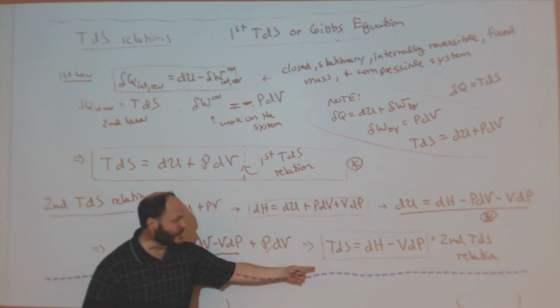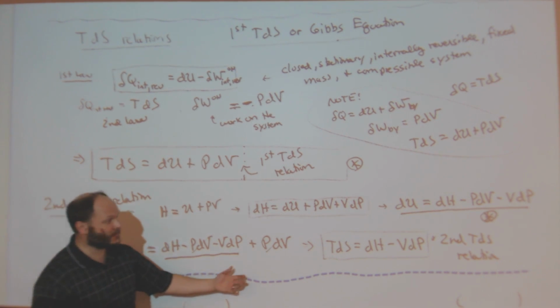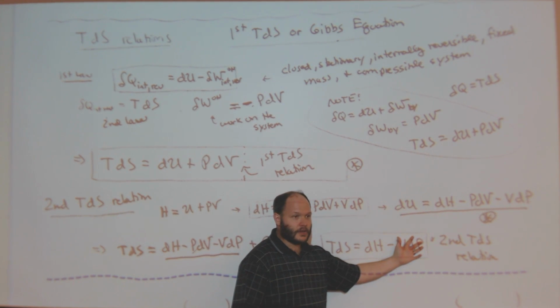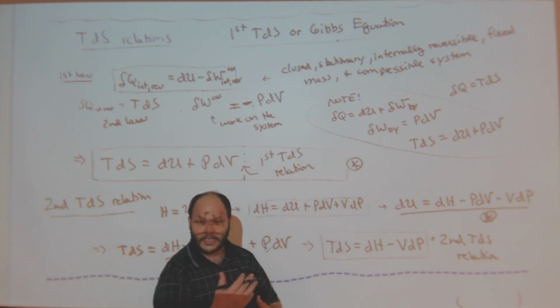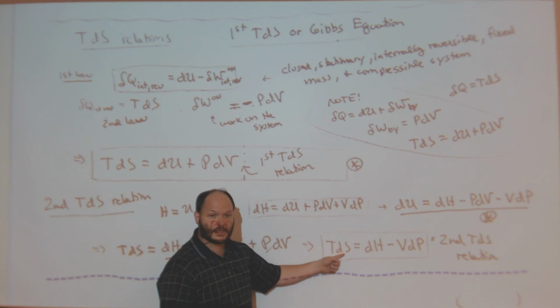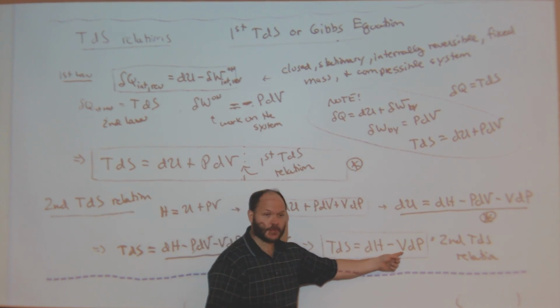When would the second T dS relationship be useful? Isobaric, constant pressure. If I have a constant pressure process and I want to calculate S gen, I can relate the change in entropy of my system to the change in enthalpy of my system.